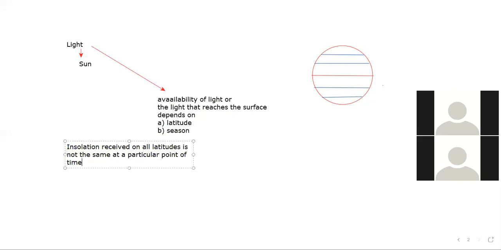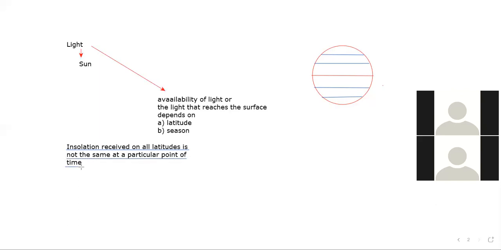This point should be noted, because it is about 6 p.m. now. The amount of insolation we are receiving here in Punjab or in India would not be received in Indonesia or Norway, England or Australia.